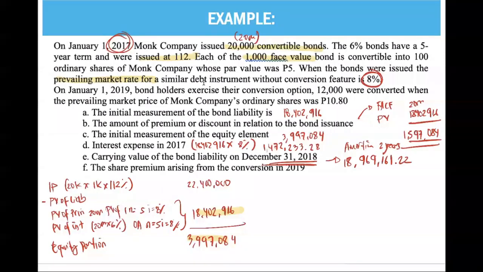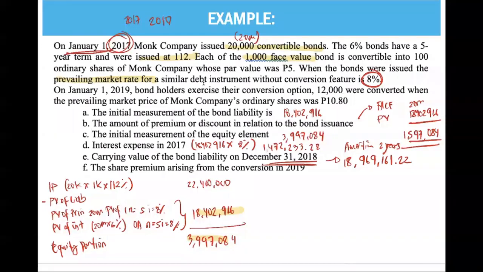I hope when I say amortize it for 2 years, you already know how to amortize. Why do we need to amortize for 2 years, 2017 and 2018? Because this is January 1, 2017, and this is December 31, 2018.